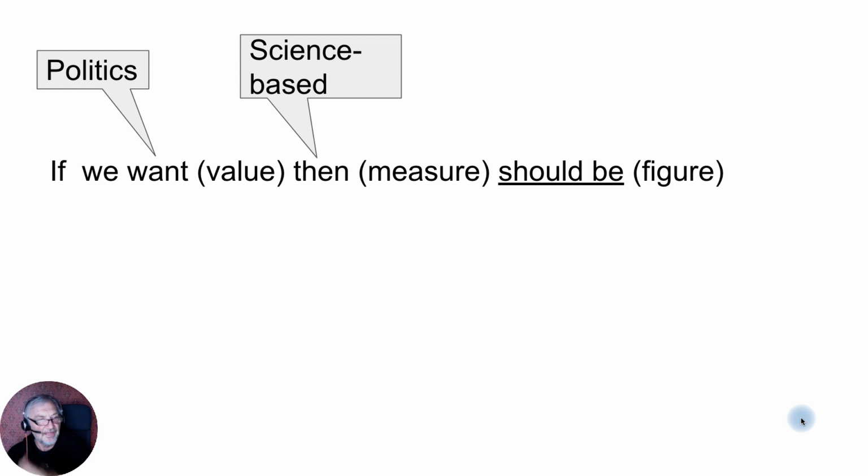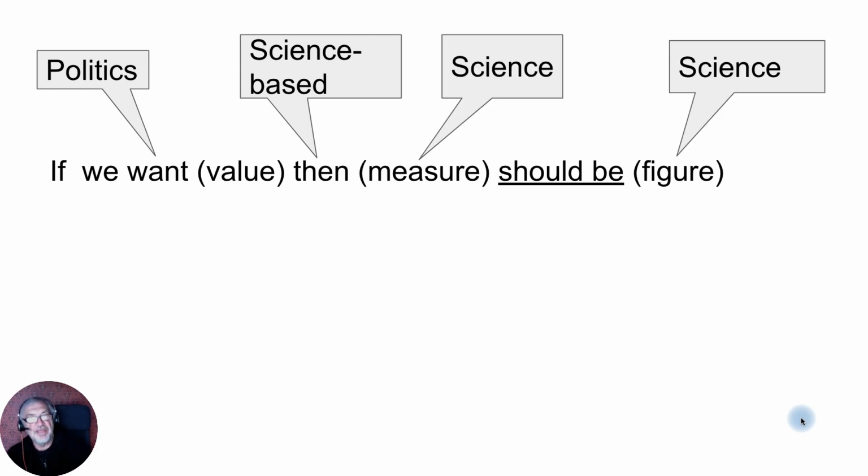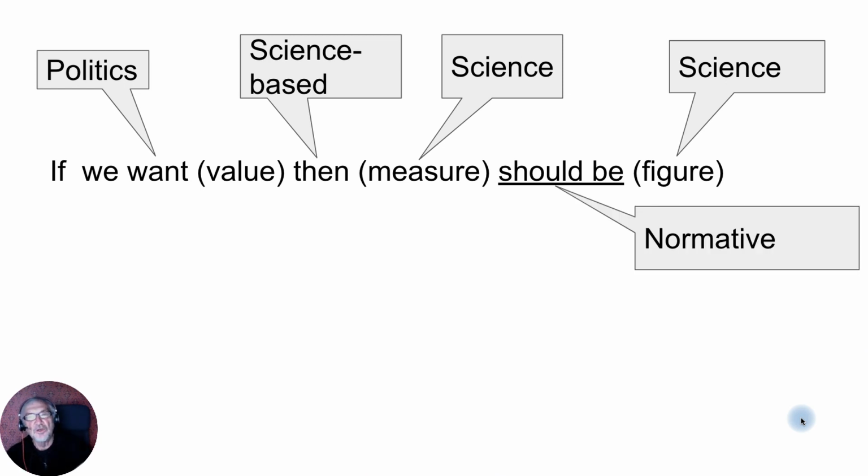Of course, we're talking about capital now, natural capital. The science should give us a measure, and the science can give us a figure. So science is telling us what to measure based on the value that's coming from the politicians. This is what we mean as normative.